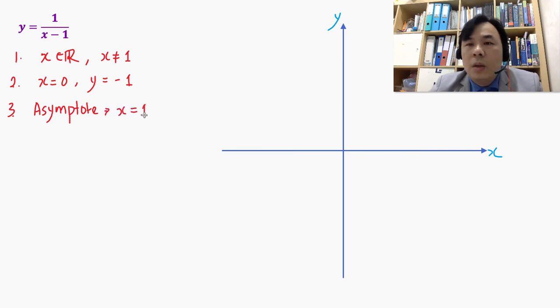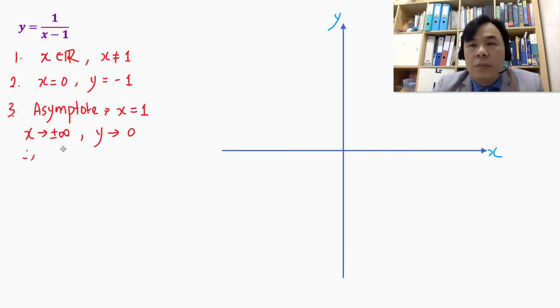So this is the vertical asymptote, right? And then as usual for the horizontal asymptote, as x approaches positive or negative infinity, we notice that y would approach 0.